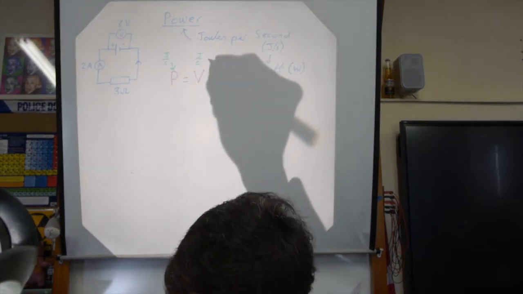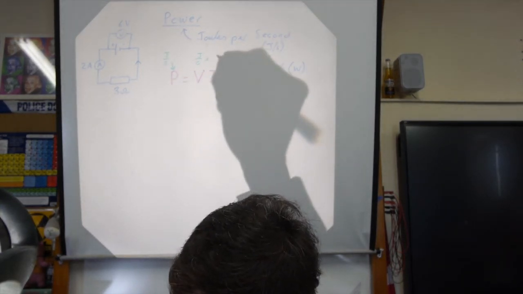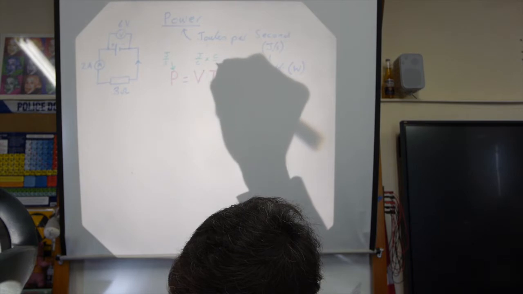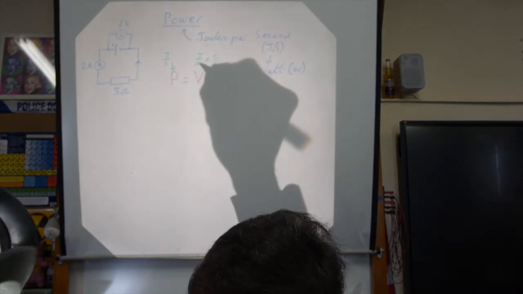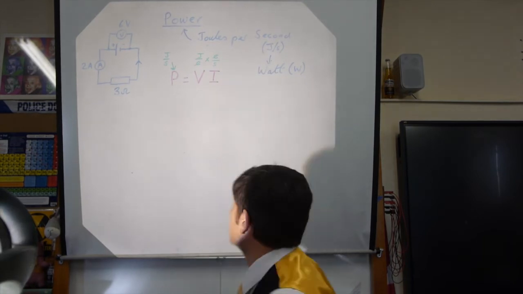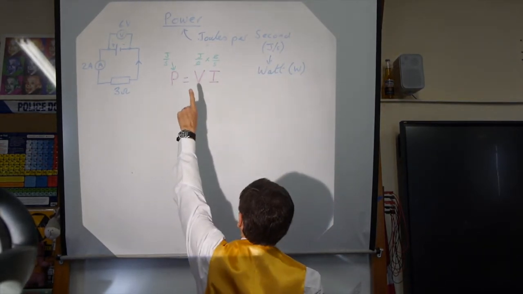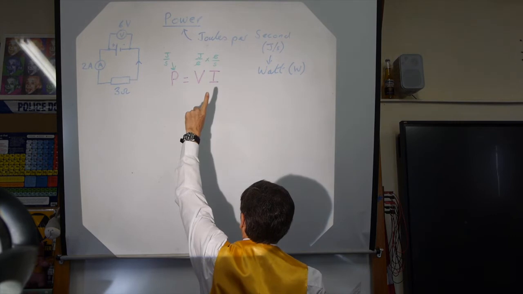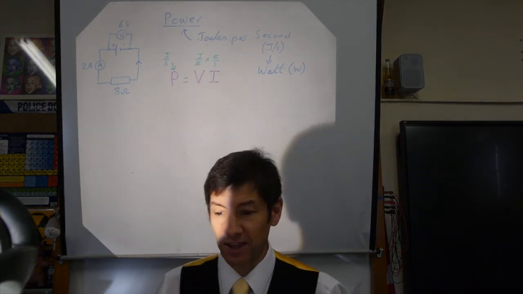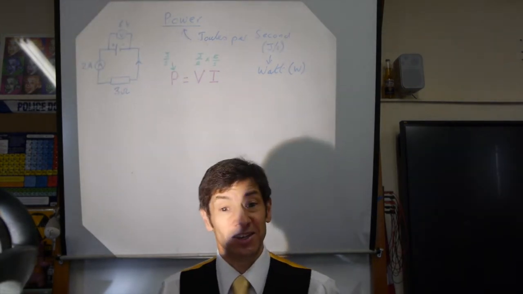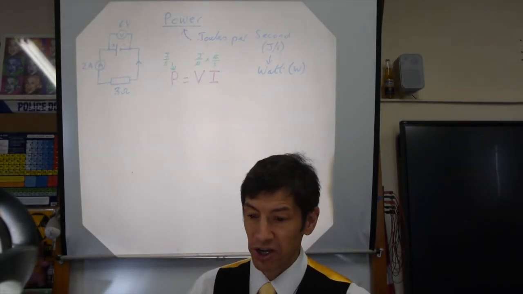And current, that we're timesing by here, tells us how many coulombs flow in the circuit per second. So if you have a look at that, it's quite neat, isn't it? You can see that by multiplying volts and amps, potential difference and current, we actually get joules per second. I don't think you'll be asked to do that at GCSE, but I wanted to show you that.